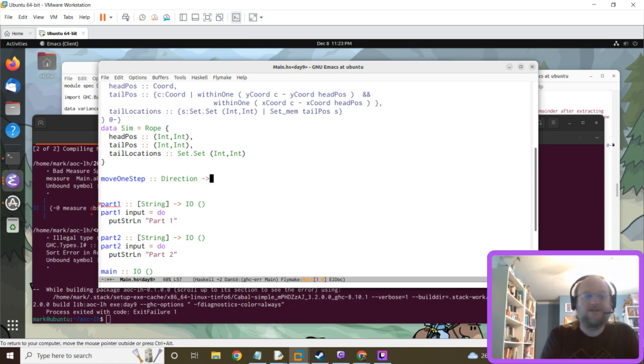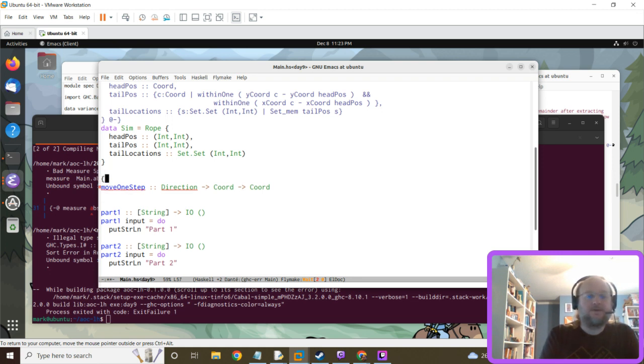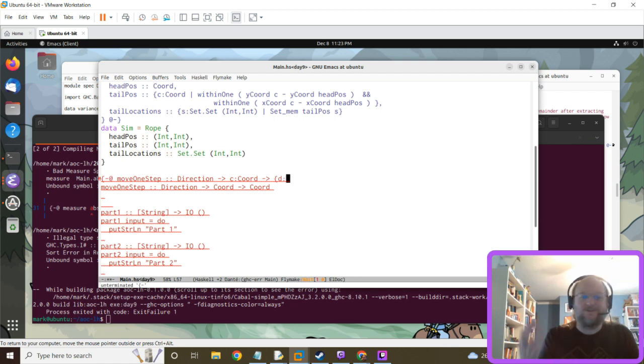Set direction. So we could write out the whole thing as a specification, but what I'm going to do is say the new coordinate has to be within one step, which is... yeah, that's too loose. Let's do something else.